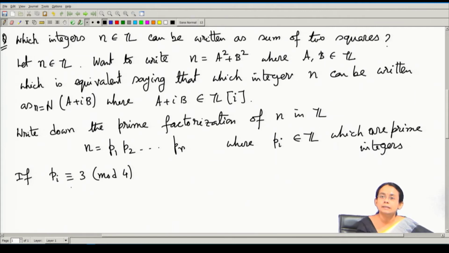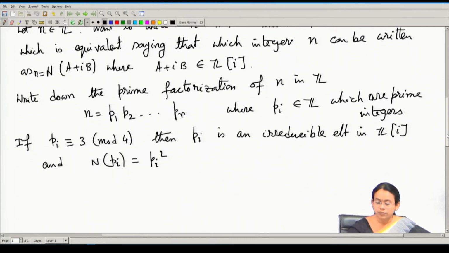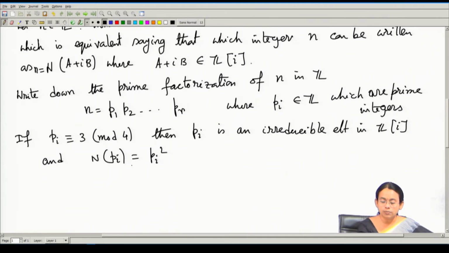Then this pi is in fact a prime element in Zi as well, which we learnt in the previous lecture. So this pi is an irreducible element in Zi, and its norm is nothing but pi square.